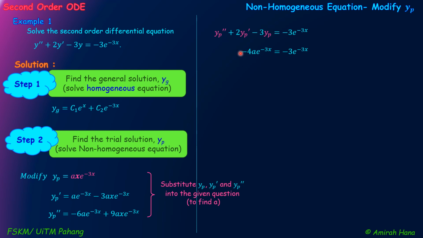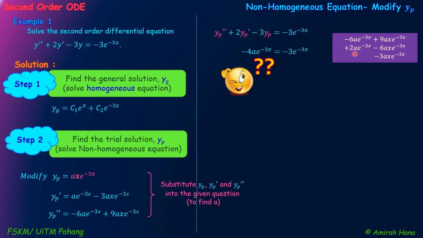Negative 4a e to the power of negative 3x equals negative 3 e to the power of negative 3x. How did we get negative 4a e to the power of negative 3x after we simplify the left hand side?